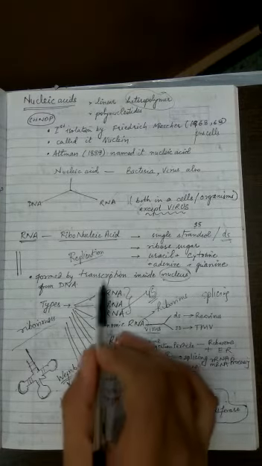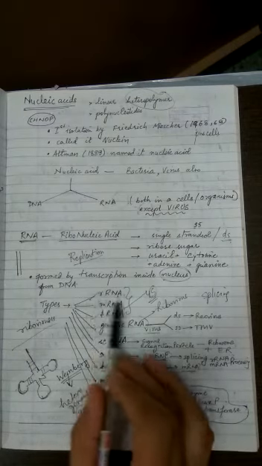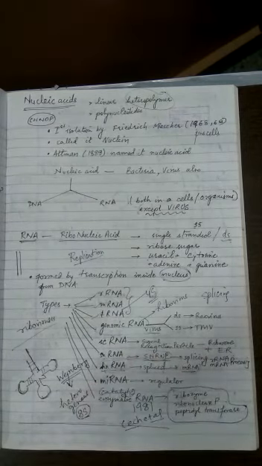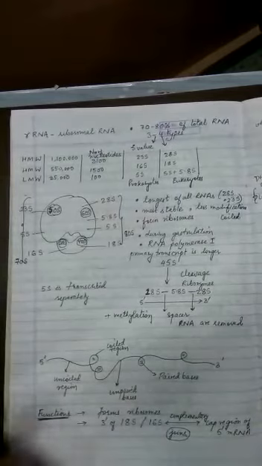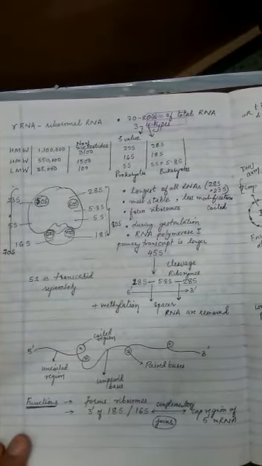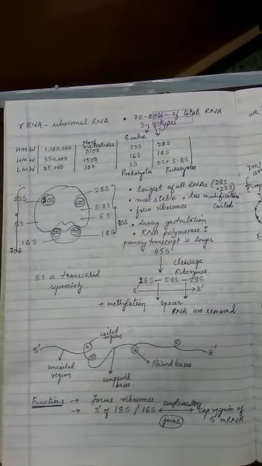So now we are left with the three main types, which are rRNA, mRNA and tRNA. We started a little bit about the rRNA in the last class, so let's start now. The rRNA is also called the ribosomal RNA, and we learned in the last class that it is 70 to 80% of the total amount of RNA.